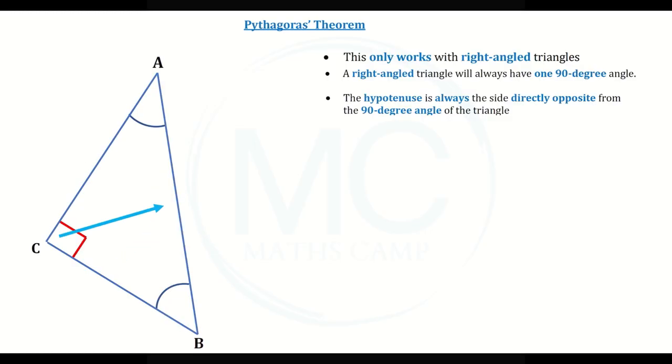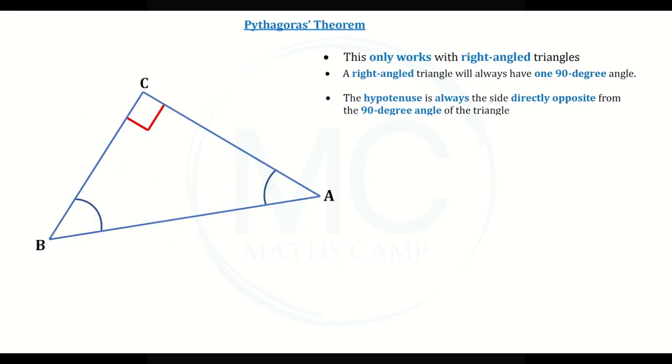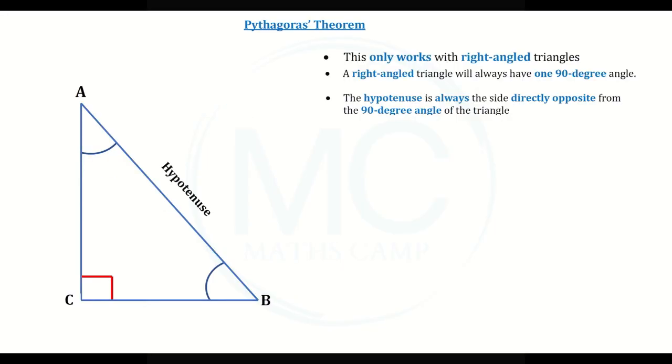It does not matter where the triangle is drawn, how the triangle is drawn, or where the 90-degree angle lies. The hypotenuse will always be on the side that lies directly opposite the 90-degree angle. Next, let's name our sides. In our introductory video to triangles, we said that we name a side by the letter of the vertex that lies directly opposite.